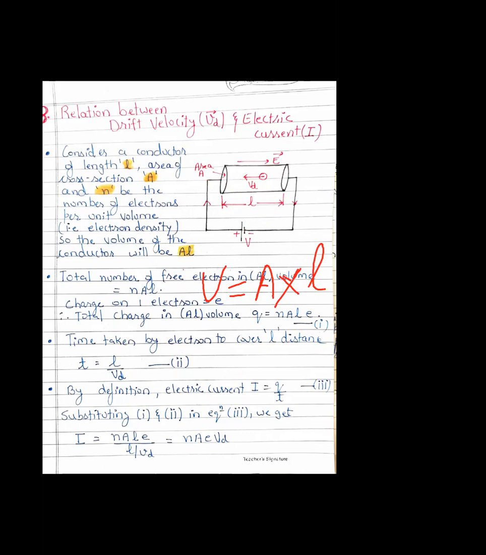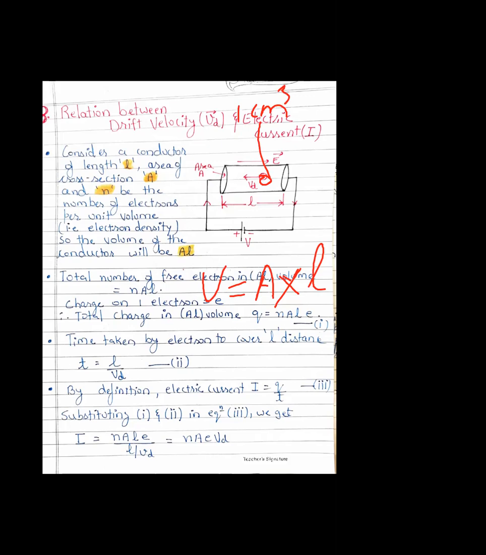Now be very attentive, children. I am choosing a very small volume of the conductor, and I will say it is a unit volume, meaning 1 centimeter cube, whose length is 1 centimeter, breadth is 1 centimeter, and height is 1 centimeter, so its volume is 1 centimeter cube. In this 1 centimeter cube, we suppose there are n number of electrons.